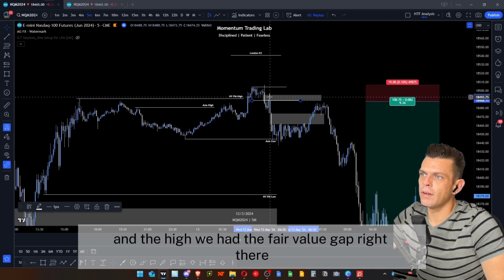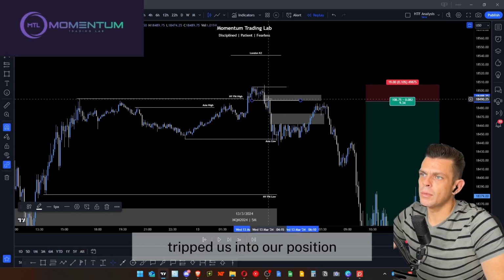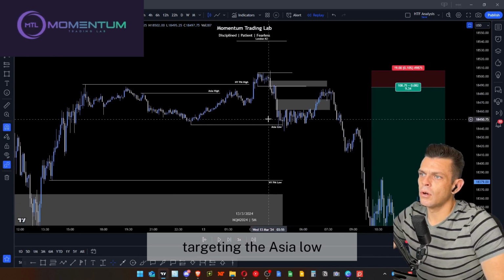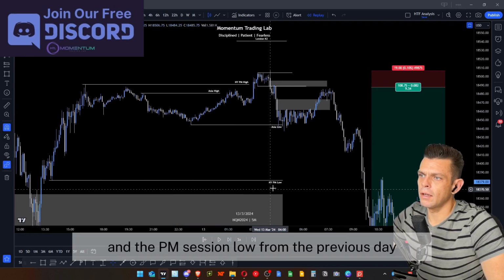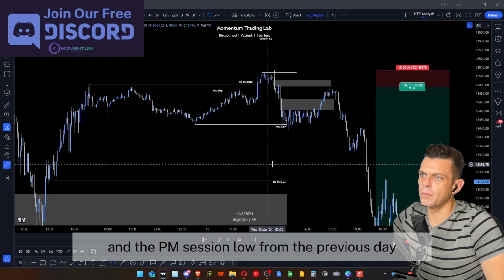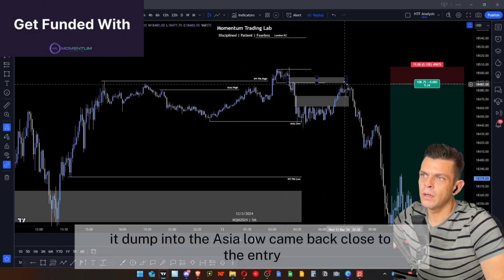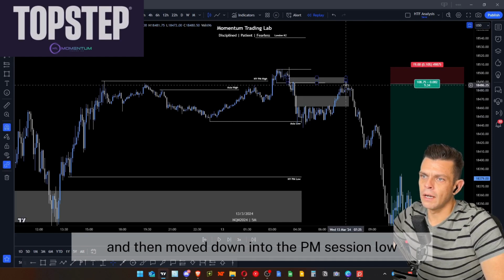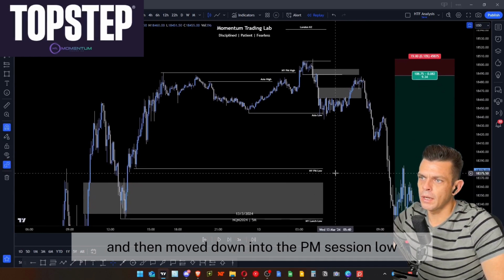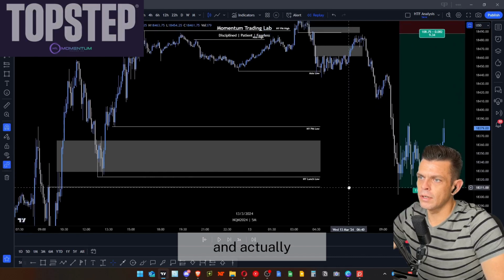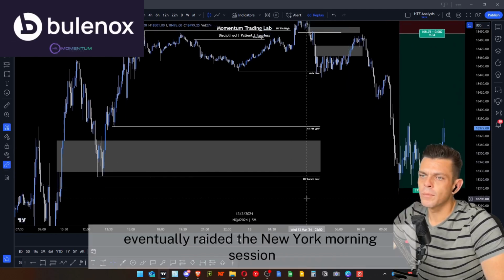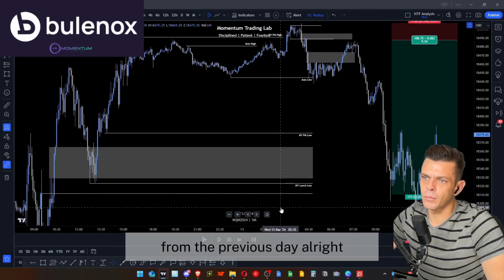We had the fair value gap right there. Tripped us into our position, targeting the Asia low and the PM session low from the previous day. It dumped into the Asia low, came back close to the entry, and then moved down into the PM session low, and actually eventually raided the New York morning session from the previous day.